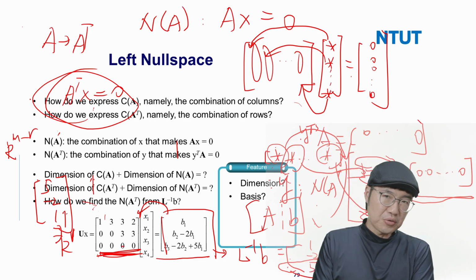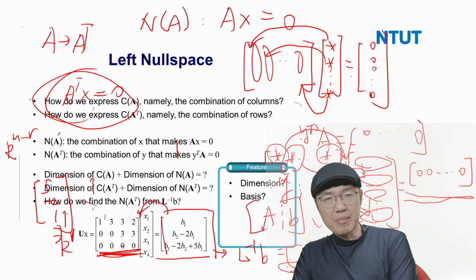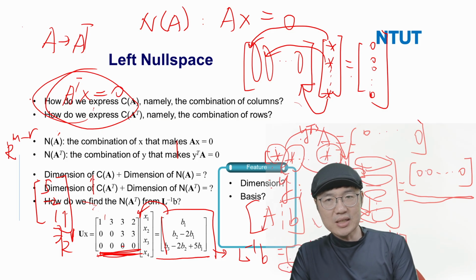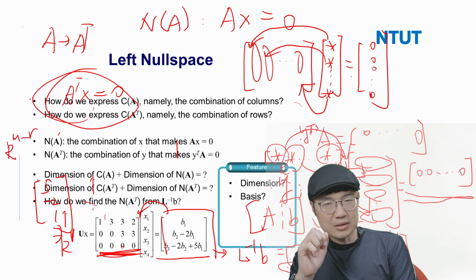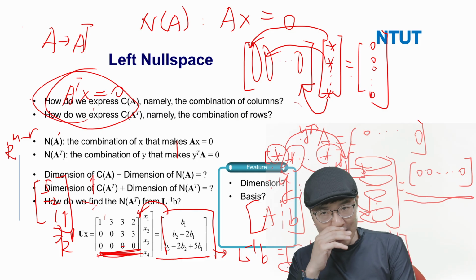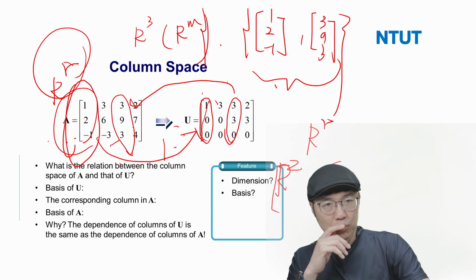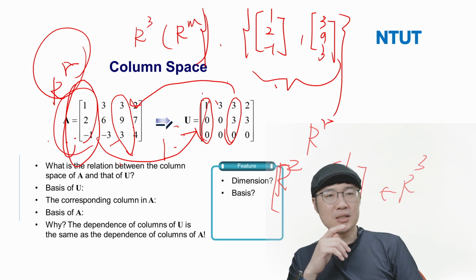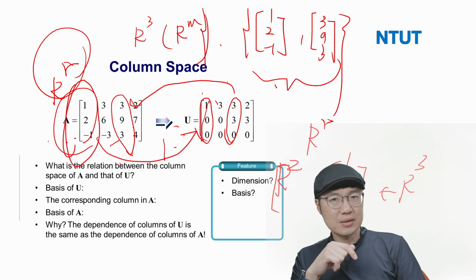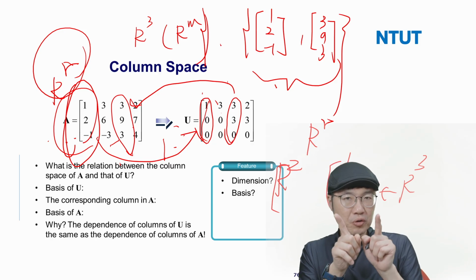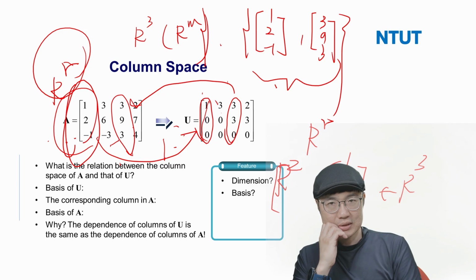And if you combine r and m minus r, we can see that each column is from Rm, like 1, 2, minus 1 here. 1, 2, minus 1 is a vector from R3, right? But the column space forms an R2 subspace.